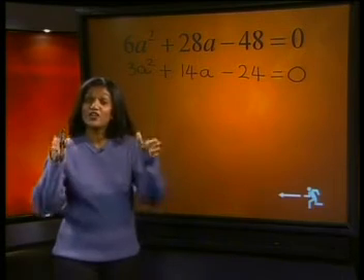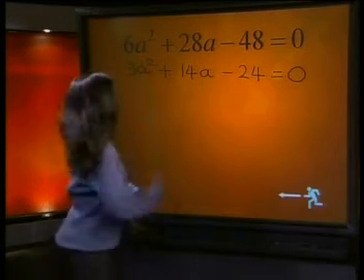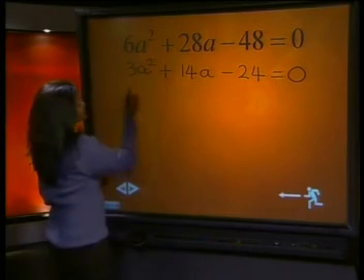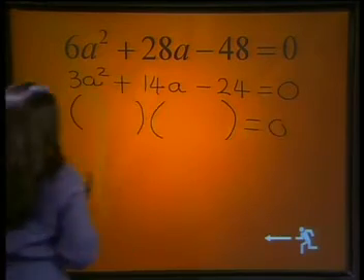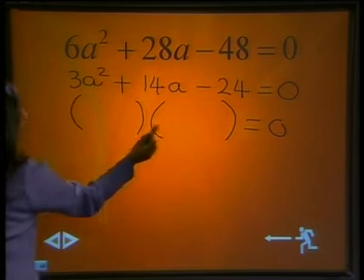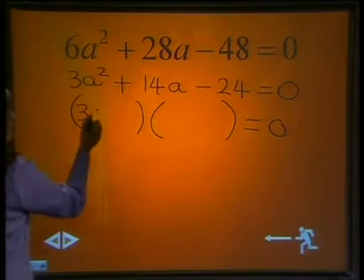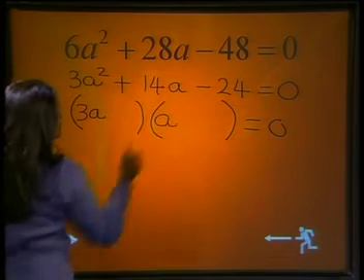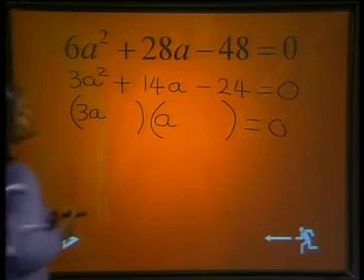No matter how much you divide up nothing, you still have nothing. Now, I know this trinomial factorizes to 2 brackets. I also know that the first term in both these brackets will consist of the factors of 3a squared. So I write 3a here and a here. We need to find these numbers.